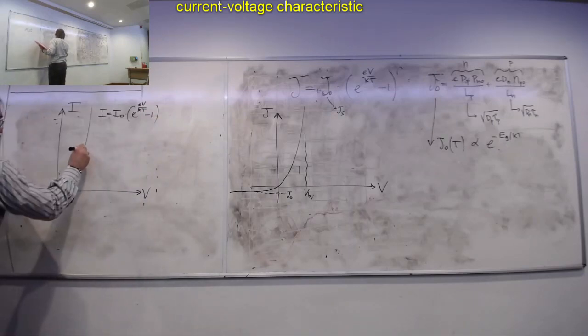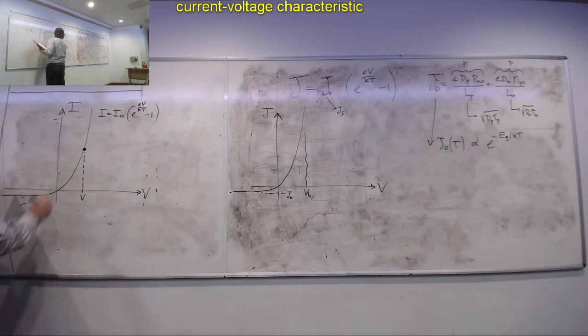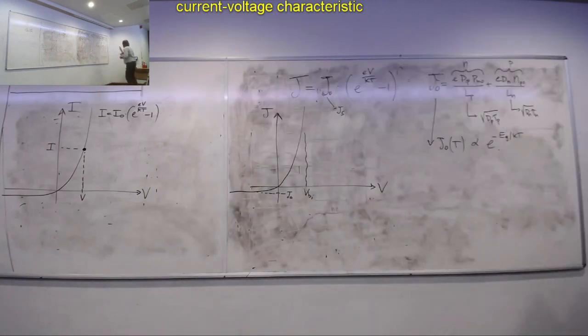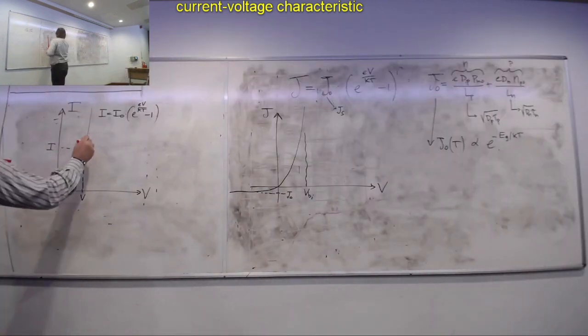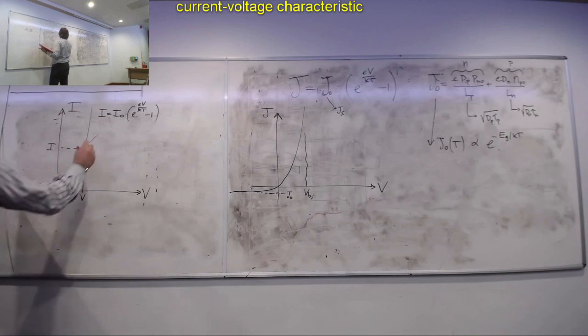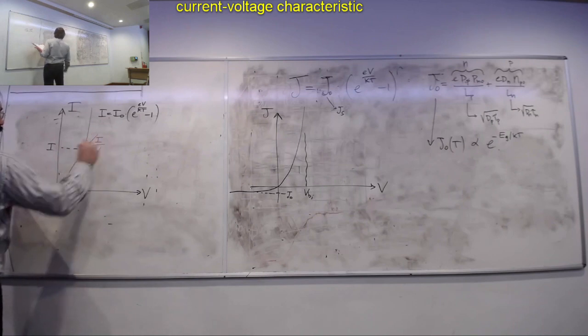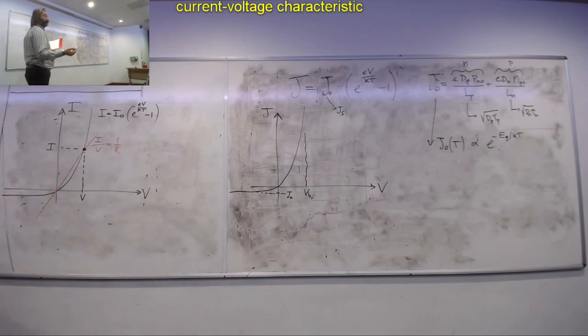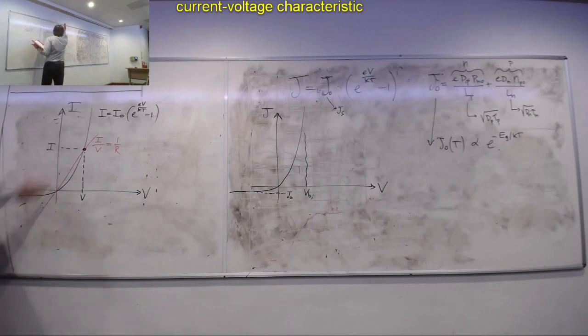So if I take a point here, I could imagine here this straight line, which is the line representing effectively the resistance of my diode, because if I do I over V, this represents the inverse of a resistor, isn't it? We know that V equals R times I. So this line represents a resistance.